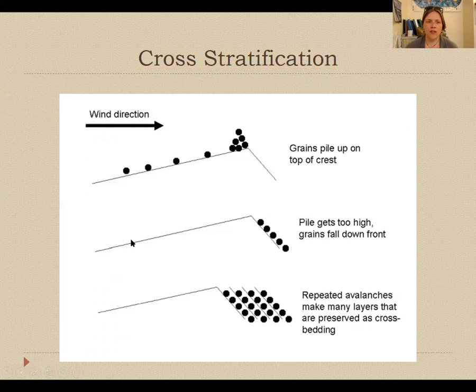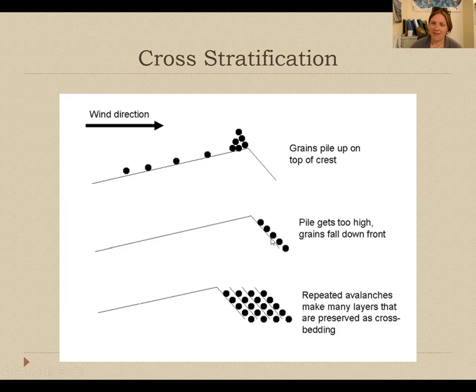All right, so here's another way to imagine how these sediments accumulate as a result of certain patterns. Basically, as sediment is being blown by the wind along a particular slope, it will pile up on the top of a crest. When it gets too heavy, it will tip over the crest and roll down the slope and accumulate on what we would call the lee side, the side that's protected from the wind.